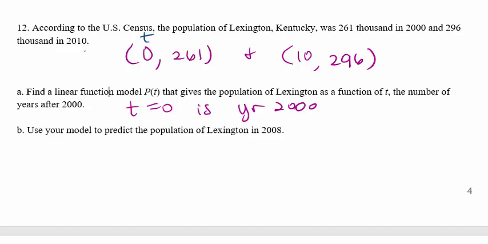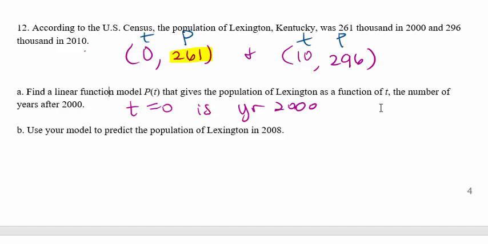So now I have 2 points of the form t comma p. You can then write the equation by hand by just finding the slope between the 2 points and recognizing that this p of 261 is the y-intercept. That wouldn't be too hard and it wouldn't take a whole lot of time.